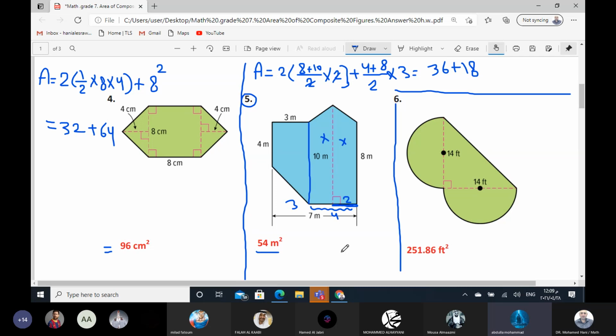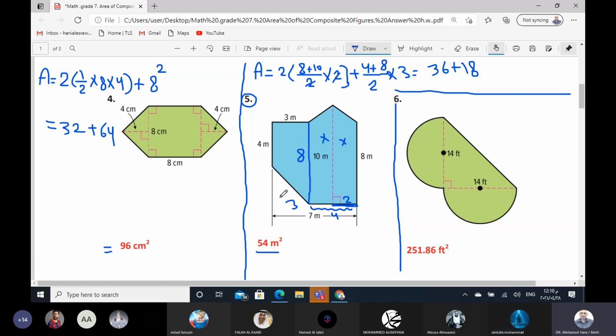Mister, this one is a trapezoid. How did you know that, the side that you made a straight line, the blue one? This side equals this side. Here 8 means here 8.